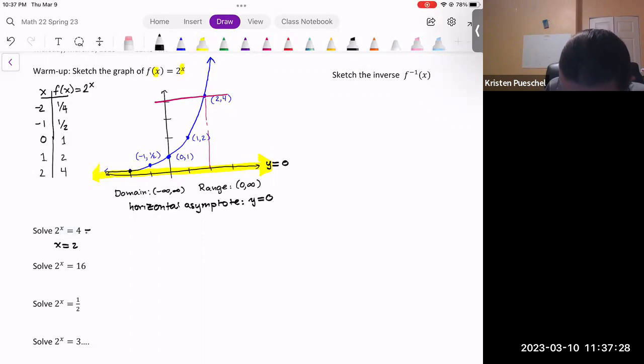So 2 to the x is going to be equal to 2 squared, and so x is equal to 2. Similarly, we have 2 to the x equals 16. So 16 is 2 to the 4th. There's only one x value that's going to satisfy this equality. And so we say, okay, x must be equal to 4.